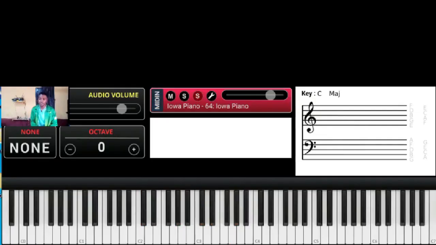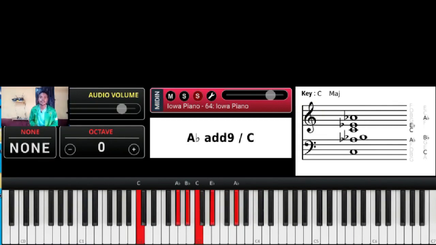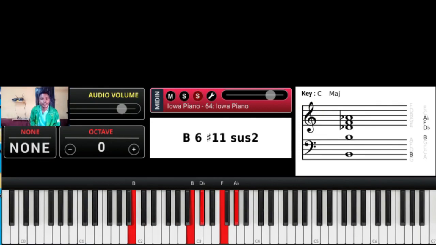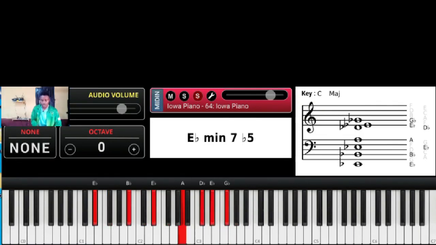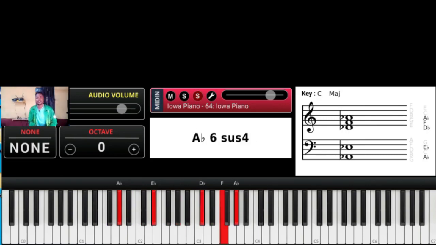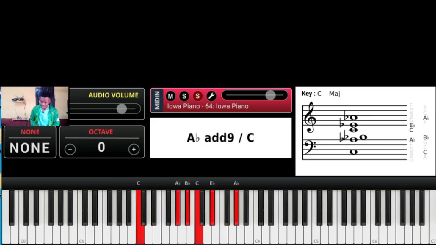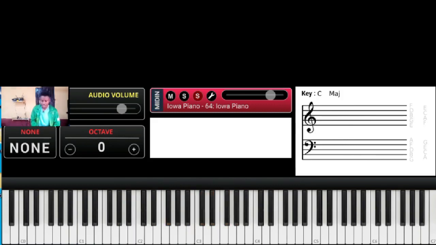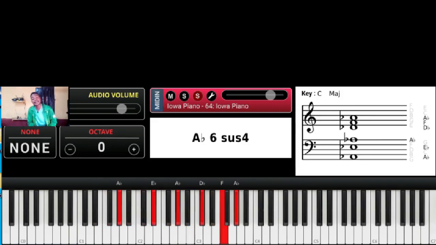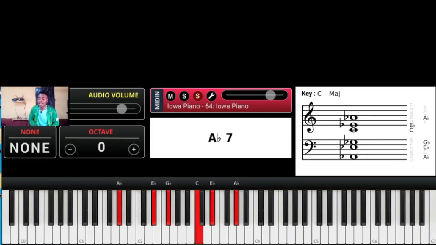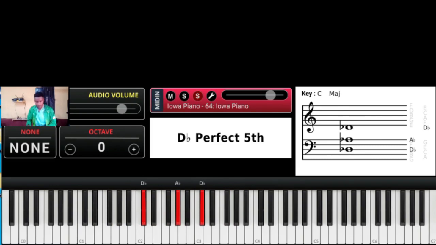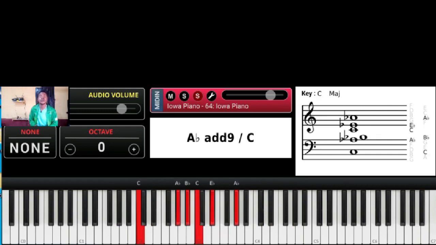My soul says yes, says yes to your way. Where you lead me, I will follow.